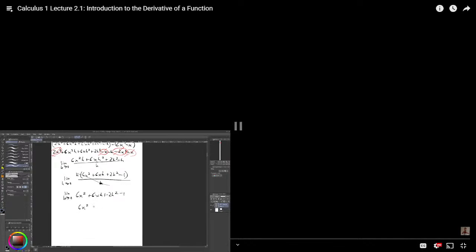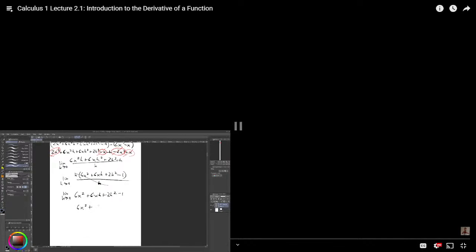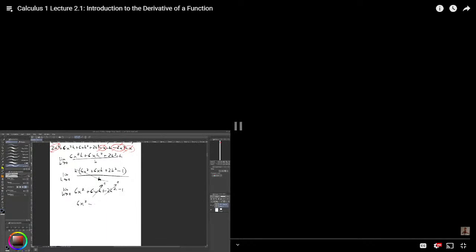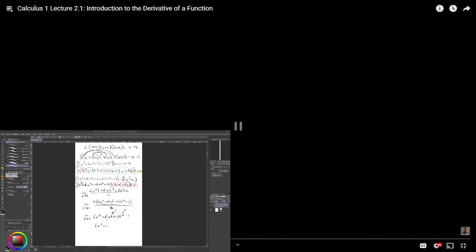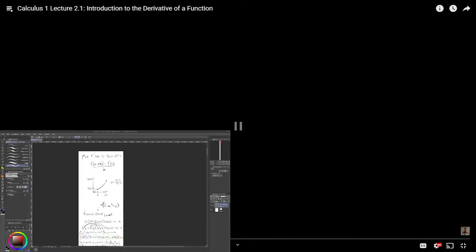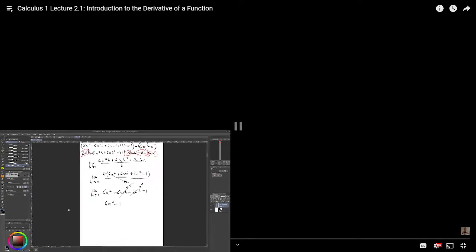Six x squared plus, these approach 0, minus 1. Alright, so this is the derivative.